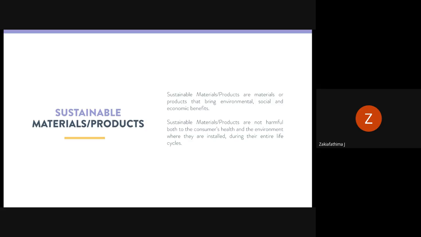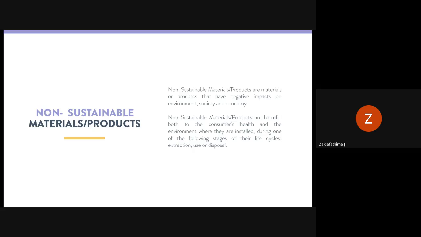During the whole process of its life cycle, there should be absolutely no harm to our environment. That is very, very important for a sustainable material.